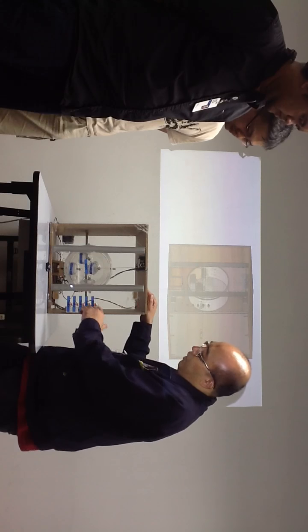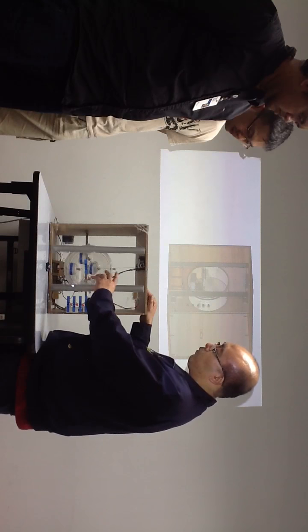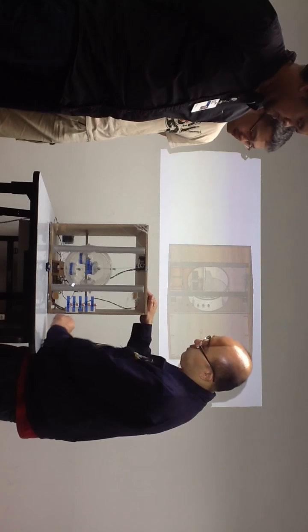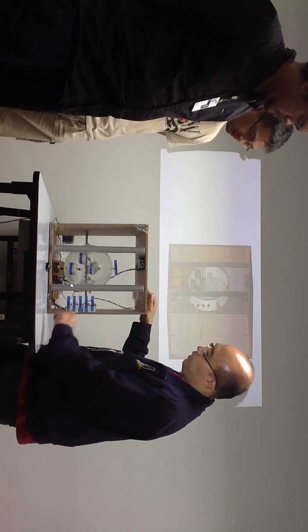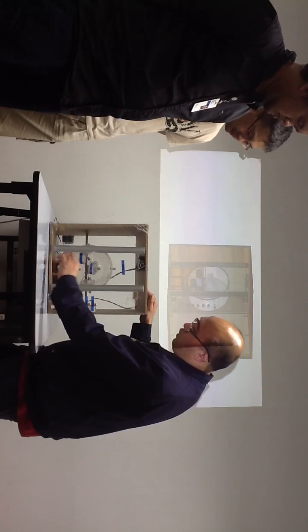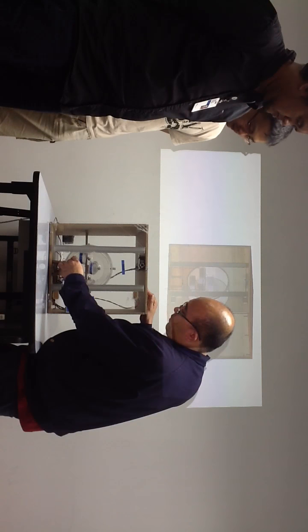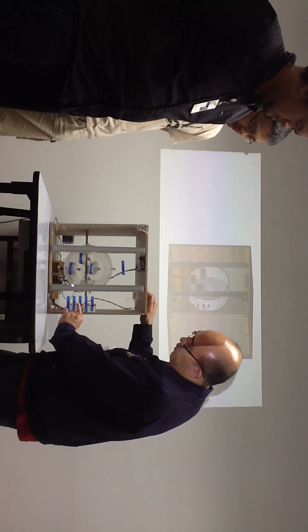Now we want to simulate how to put a car or anything onto the wheel. We need to open the door. For example, we put a car inside number 4. Now we close the door, because we cannot turn without closing the door.